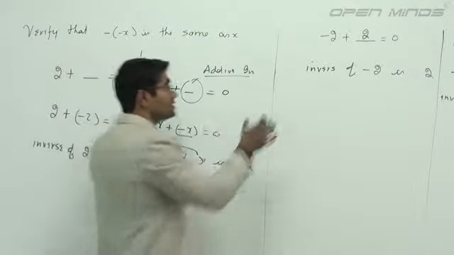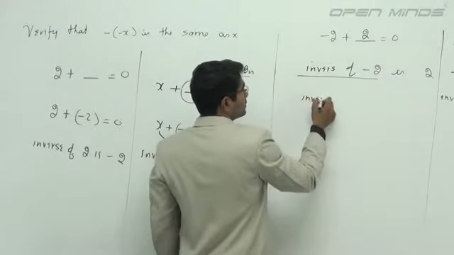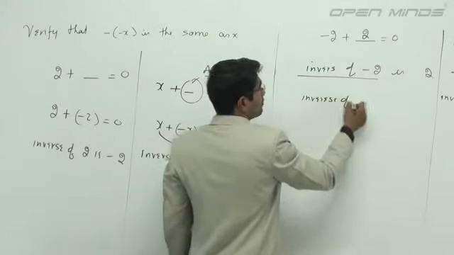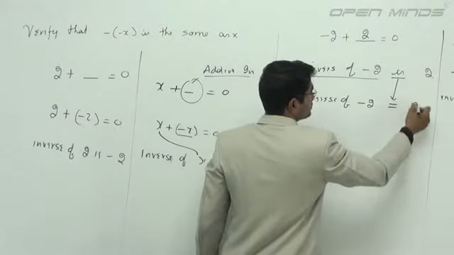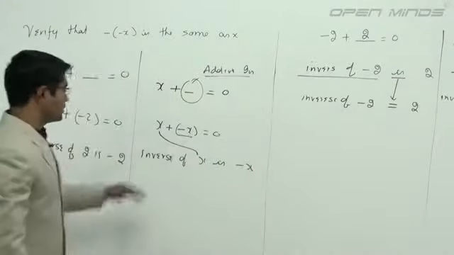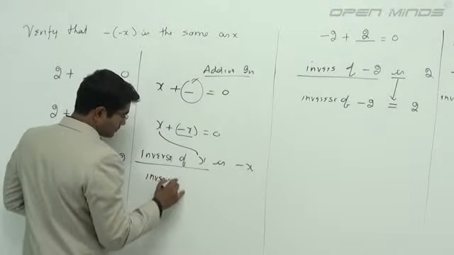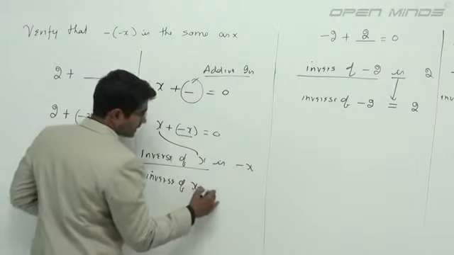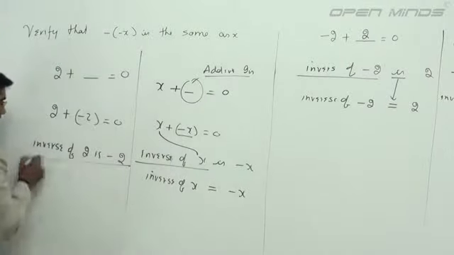Now let's write these in terms of maths. I can write inverse of minus 2 is equal to 2. Not a problem. Correct? Let's do it here also. I can write inverse of x is equal to minus x. No problem. Sure. This is the same thing.